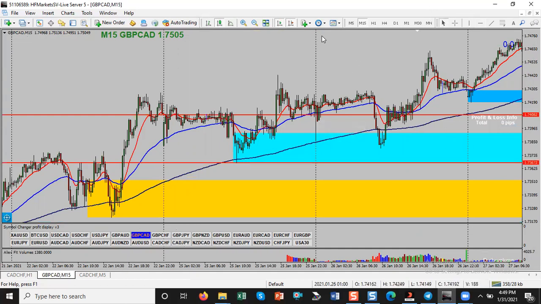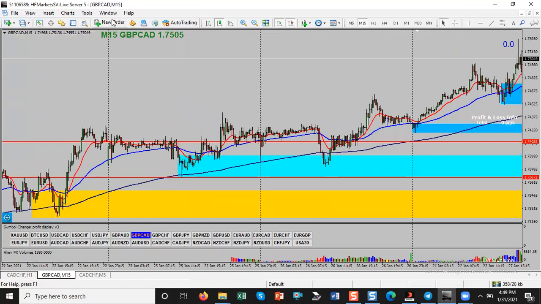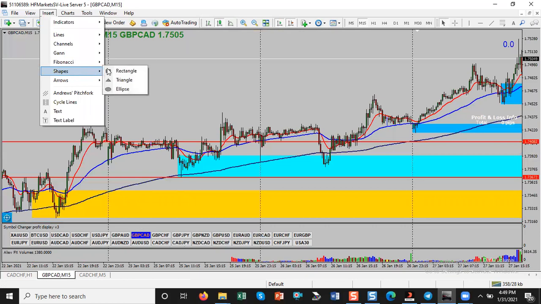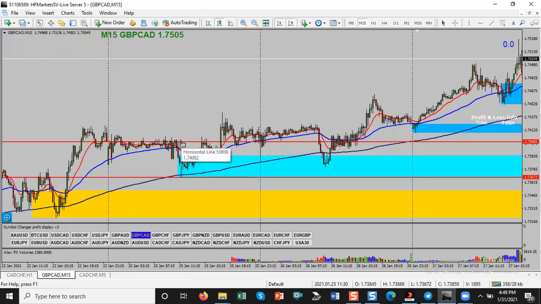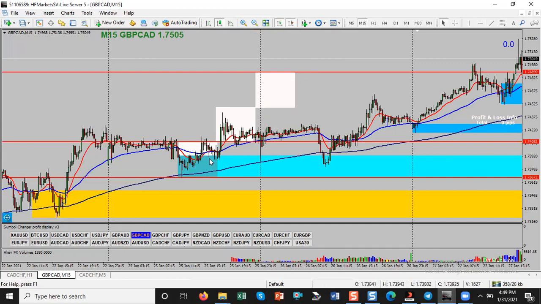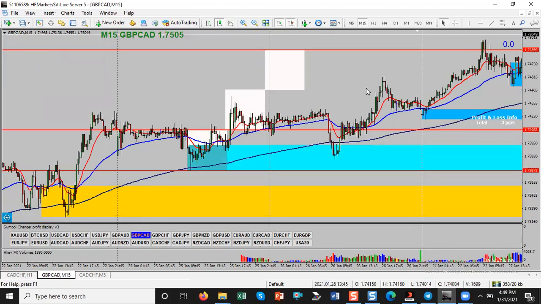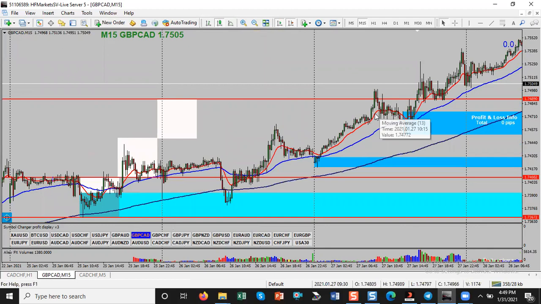So here, and so your stop loss will be here, and your take profit 1 to 2 or the supply zone above the current position. So take profit here. So as you can see, we got the take profit here.